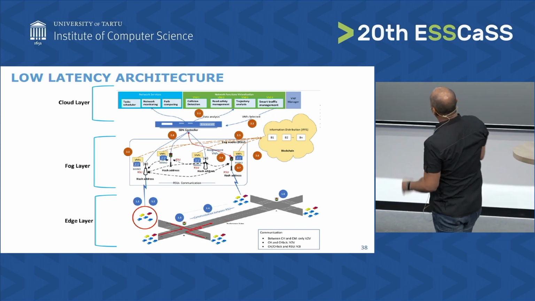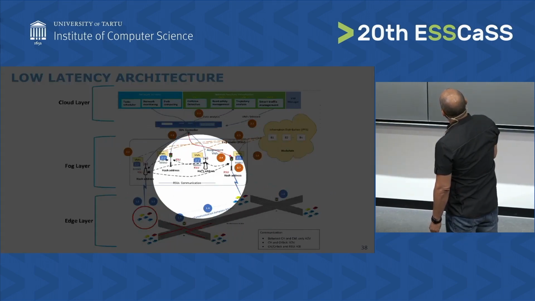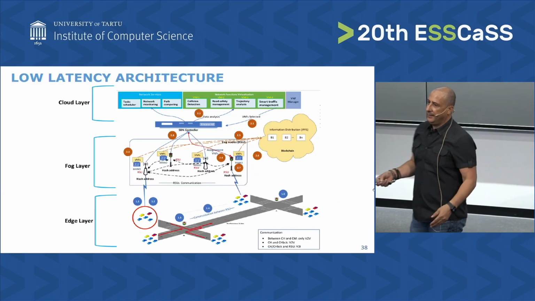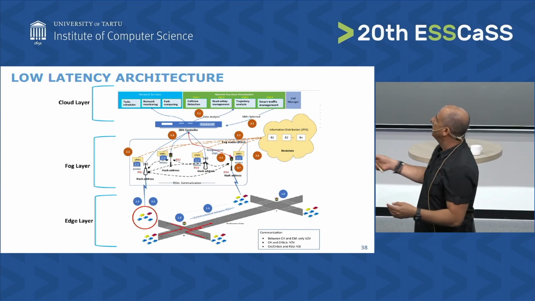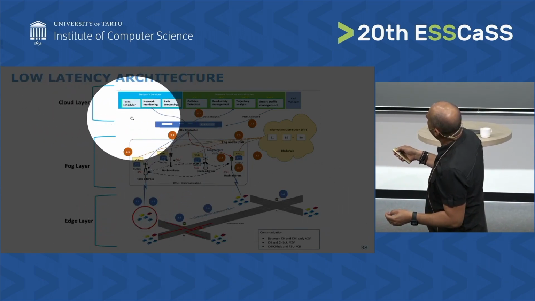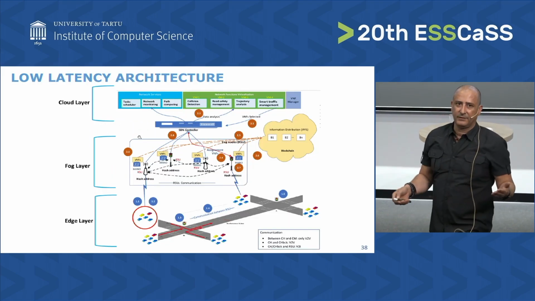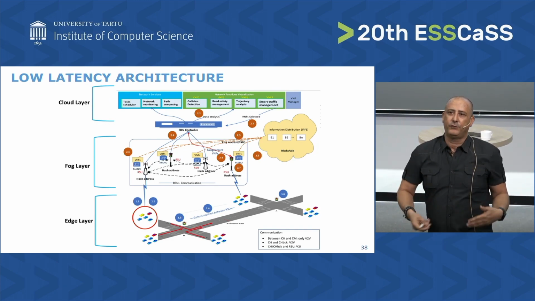And what we will see is that the cloud layer, the SDN control, has two types of services. The first is network services. For example, I will explain the task scheduler in terms of offloading.